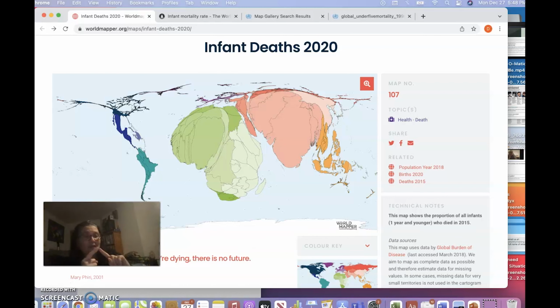So we're looking at infant mortality, which is the number of babies that are dying for every 1,000 live births by the age of 1. So infant mortality is the number of babies dying before they reach the age of 1 for every 1,000 live births.